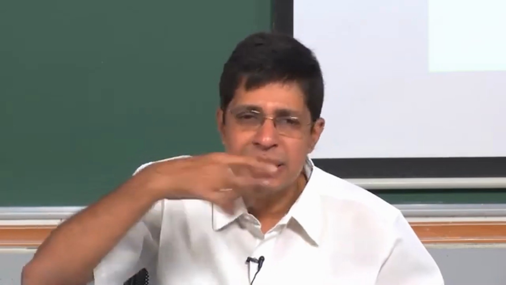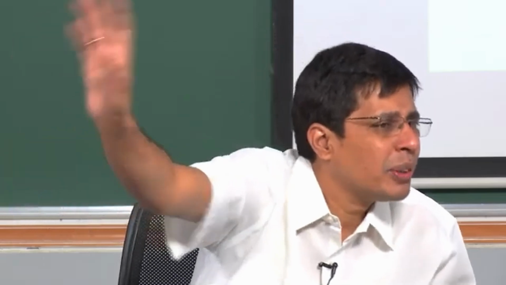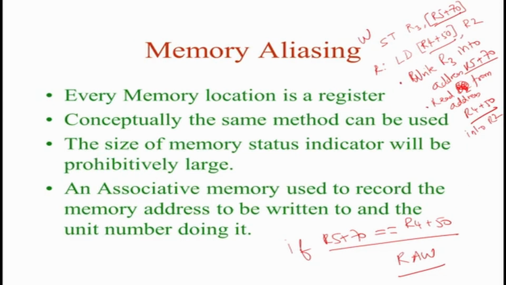If for every address I have an indicator, like a register status indicator, I will have a memory address status indicator. If I am writing into 5, then I will have an indicator for 5, saying the latest value of 5 is not in memory location 5, but is currently computed by some unit 8. So when I am reading from 5, I will not get it from memory but wait for unit 8. I am happy because it will come very fast rather than going into the memory. Are you able to follow?